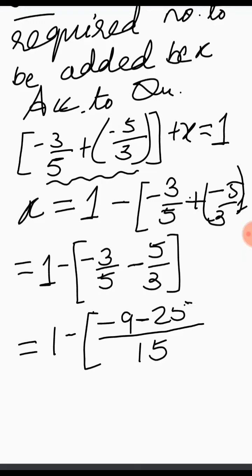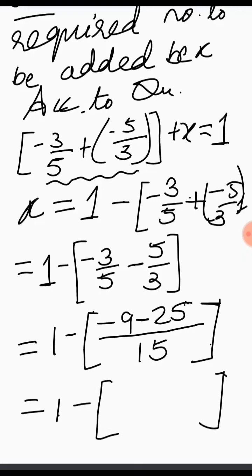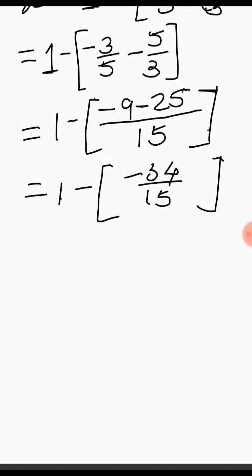Okay, and now see, is equal to 1 minus, now you know when both are negative you have to add, so 25 plus 9, you will get minus 34 by 15. Now let's simplify this again. You have to simplify.